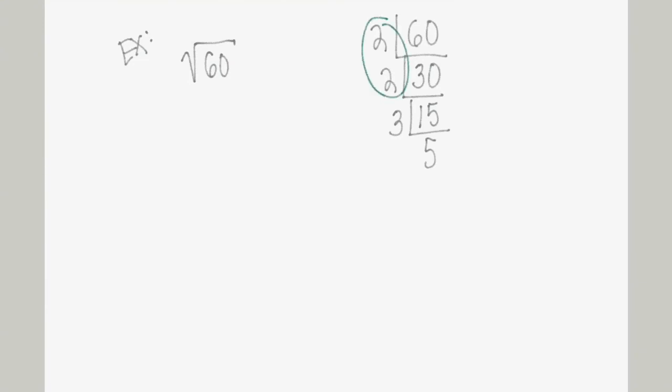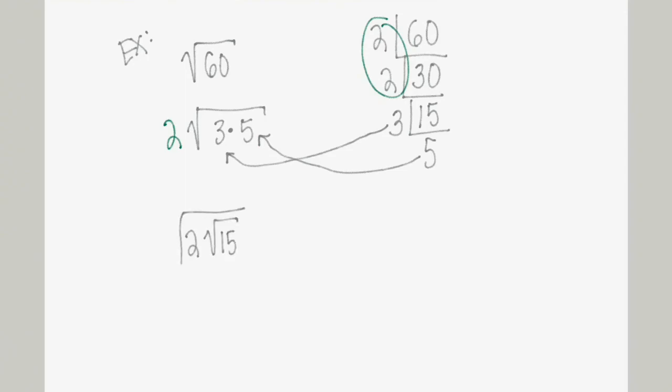We have a pair of 2s, so a 2 is going to come to the outside, and then my leftovers stay inside. So I've got 3 times 5, which gives me an answer of 2 times the square root of 15. So when you have more than one leftover, they get multiplied together on the inside of the radical.